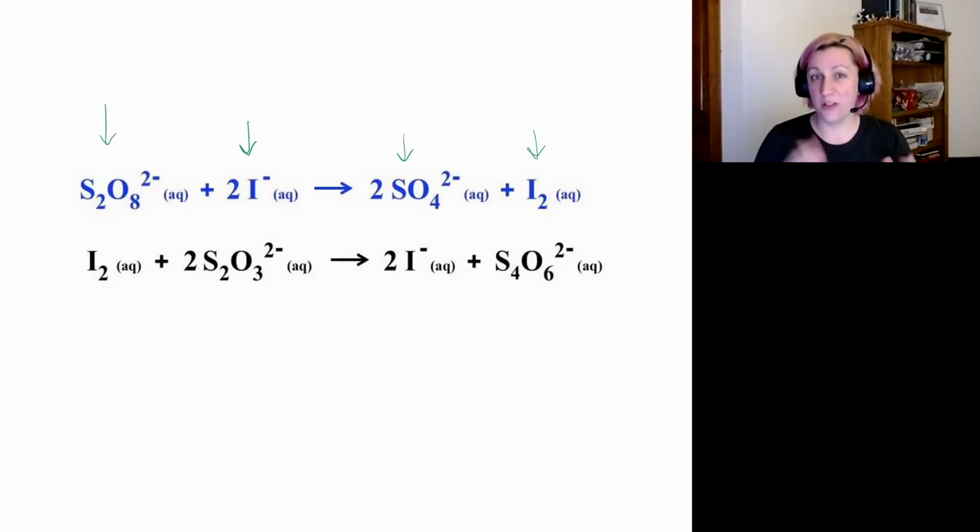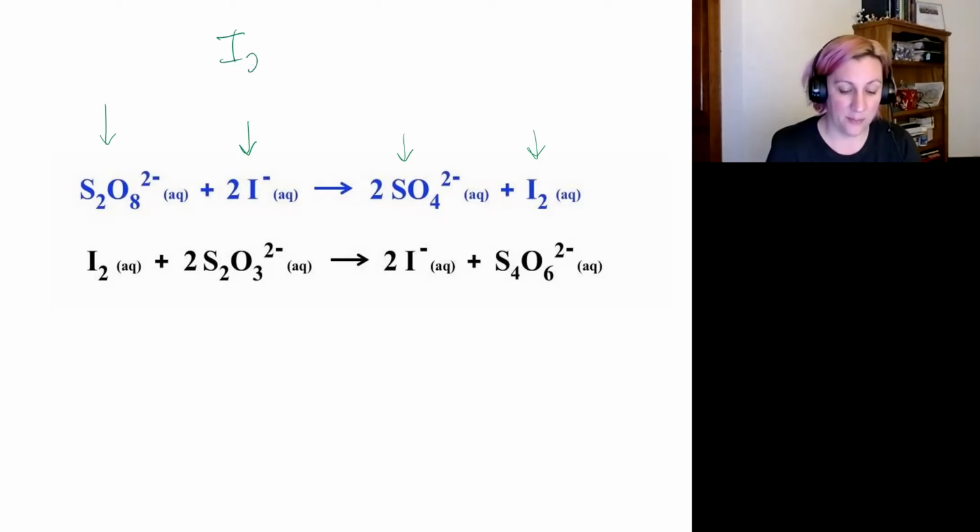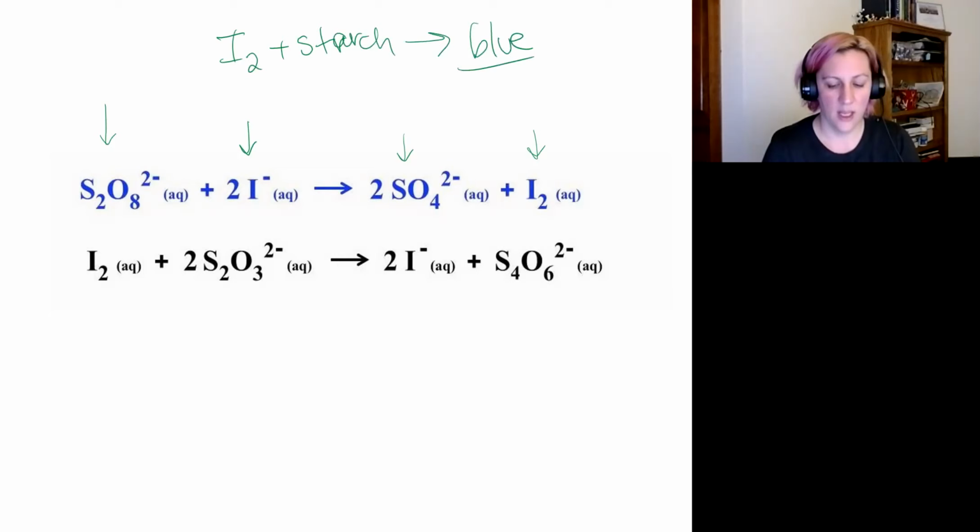So first, there's a few tricks, actually. The first trick is that we include starch in the reaction mixture. Iodine plus starch turns this bright blue. And it's that blue color that we use as a visual cue that we've produced iodine.